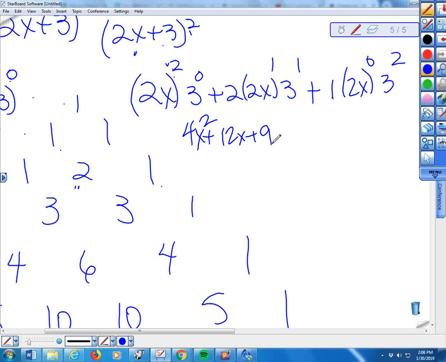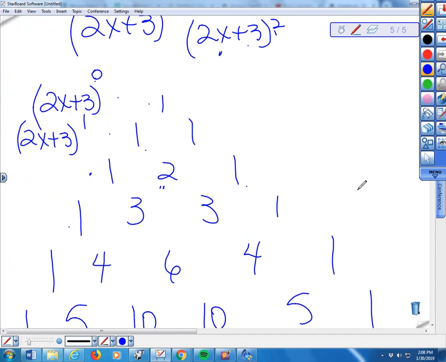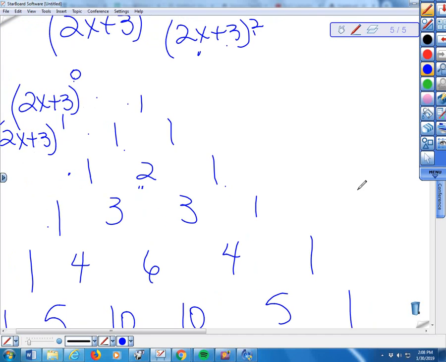So let's do the third, and it'll start making more sense the more we do these. We did 2x plus 3 squared; this one is going to be 2x plus 3 cubed. I'll go slower. Start with the coefficient of 1.